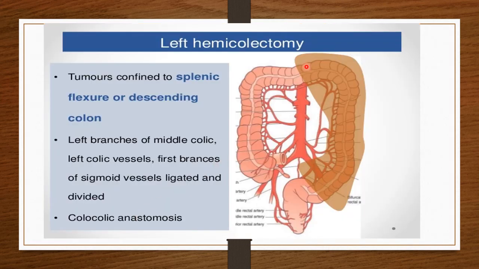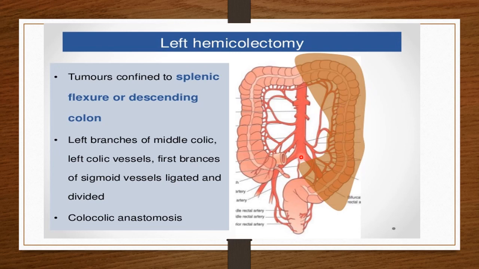Okay, this is another diagram to show you left hemicolectomy. The distal transverse colon with the splenic flexure and right until the sigmoid colon, and this is known as the left hemicolectomy. And this is usually done for tumors confined to the splenic flexure and the descending colon.